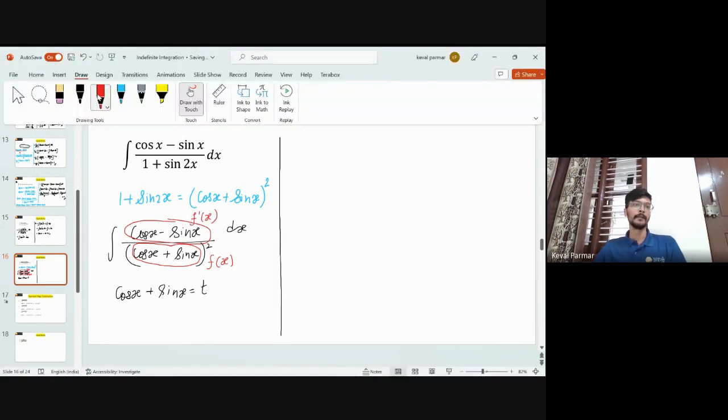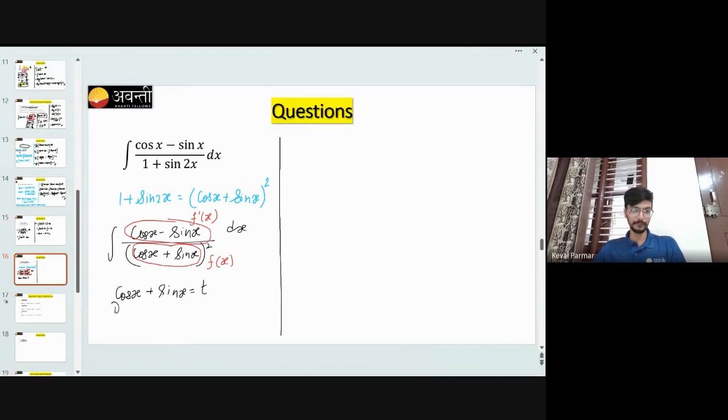Differentiating with respect to x, the derivative of cos x is minus sin x, plus the derivative of sin x is cos x, equal to dt over dx. Cross multiplying, I get cos x minus sin x dx equals dt.